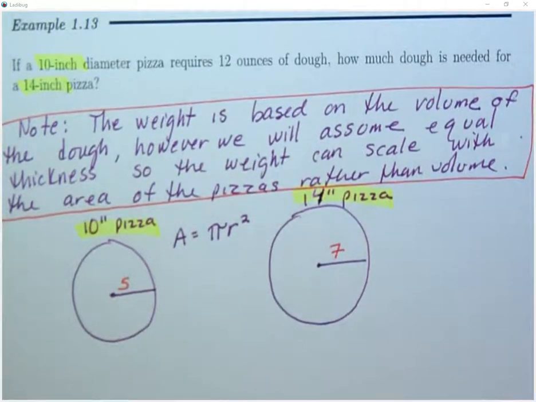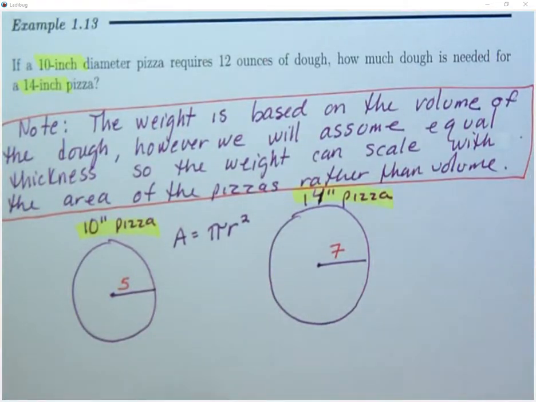The pizzas are actually going to be 3-dimensional, but we can assume equal thickness, which would divide out. So we can just scale with the area of the pizzas. If it makes you feel better, you could just pick a thickness like 1 inch or something like that.